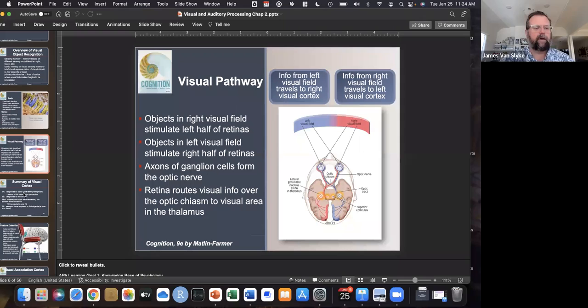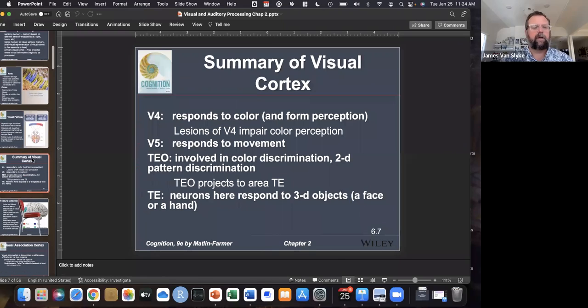Now, the occipital lobe is actually further subdivided beyond area V1 into several different sub areas, such as V4, which responds to color, V5, which responds to movement, the area TEO, which is involved in color discrimination as well as 2D pattern discrimination.